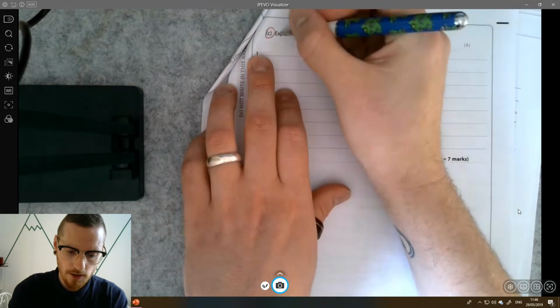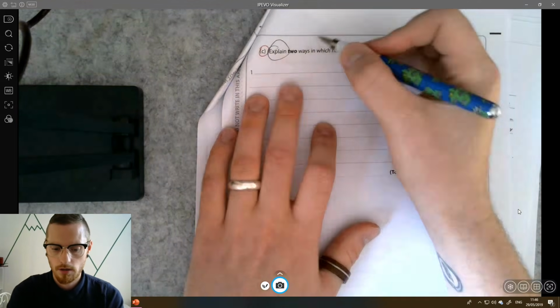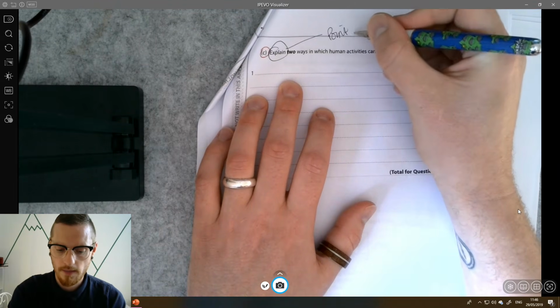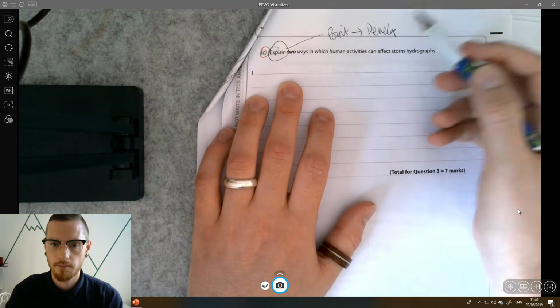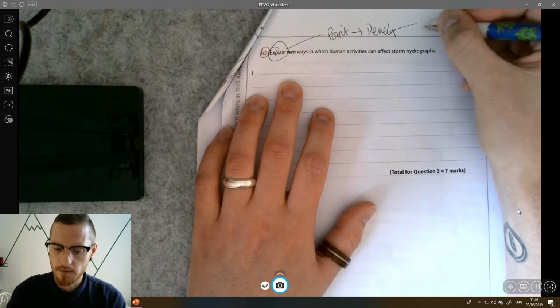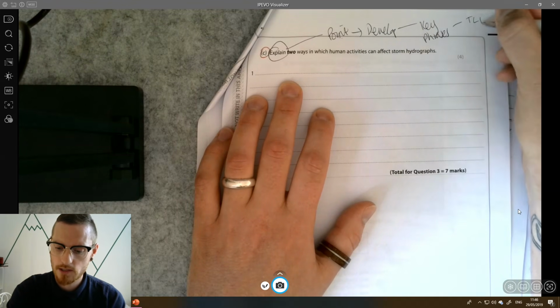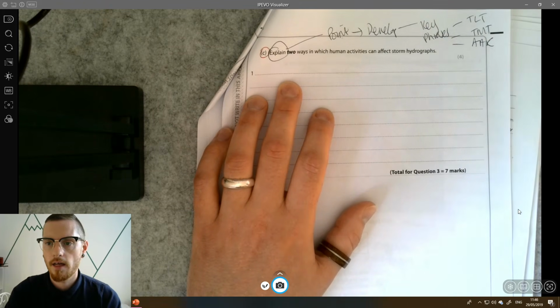Again, in the exam, highlight, circle, box your command word, explain. I've got, therefore, to ensure that I'm making points that are developed. So you make a point and you develop it, and I'm going to develop it using my key phrases. And again, my key phrases: this leads to, this means that, as a result.